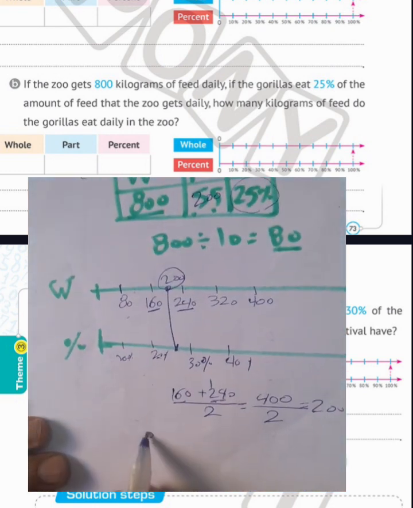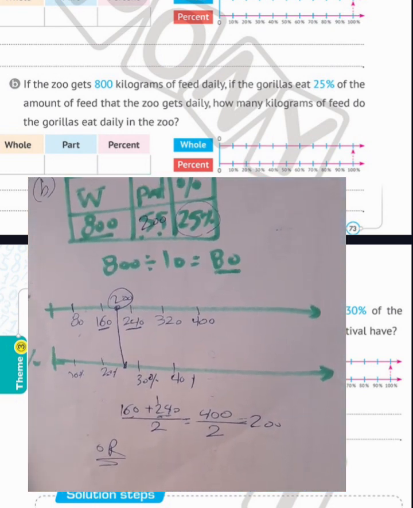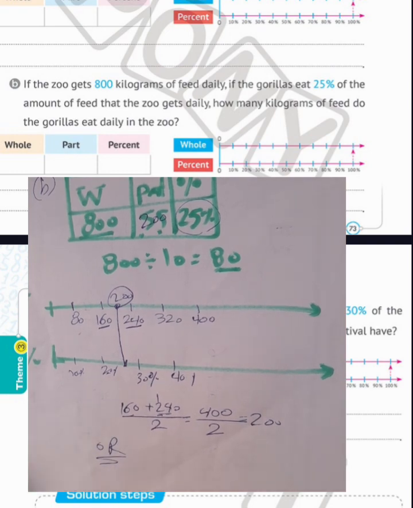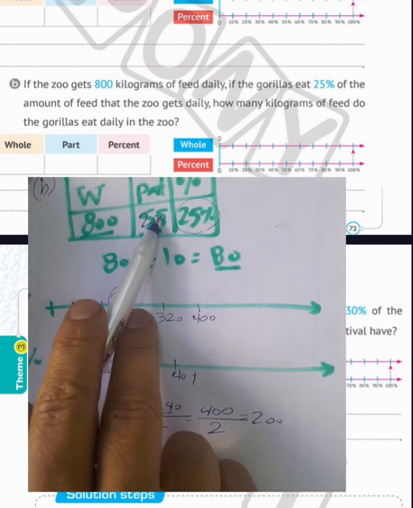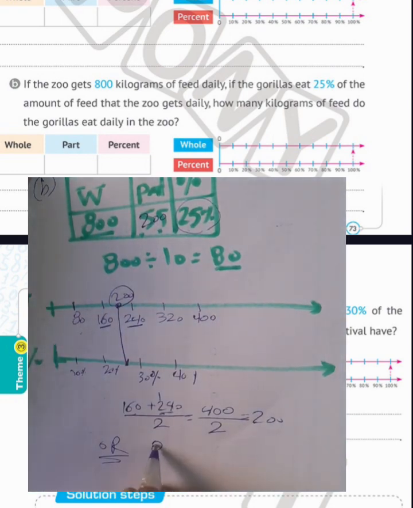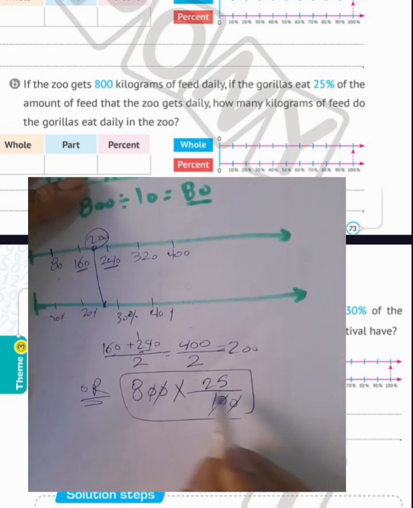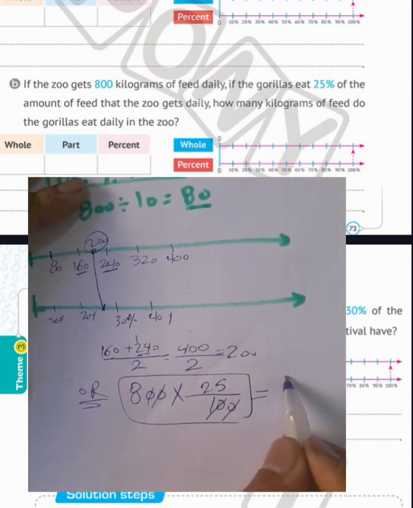Or you can solve the example by multiplication. We want to find the part: 25% multiplied by 800. It means one quarter, right? 25% times 800. Cancel the double 0, and 8 times 25 is 200.